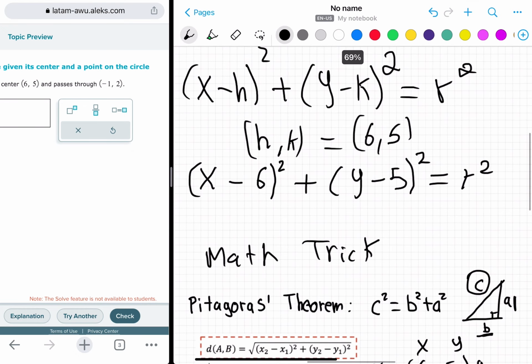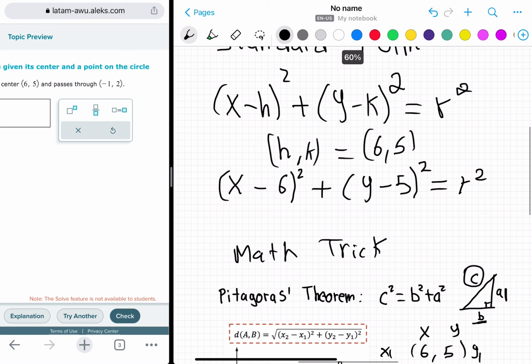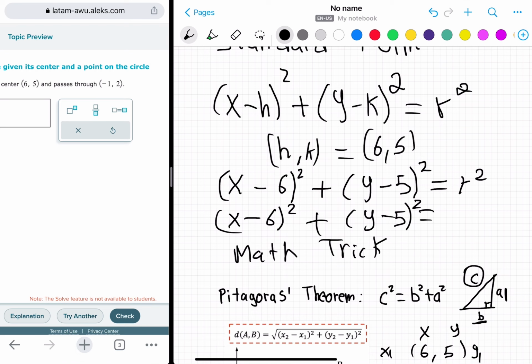Remember, I was missing the radius. Now I know the value of the radius, so I'm gonna place it here. This one changed, this is the same. And the radius I said was square root of 58, squared.